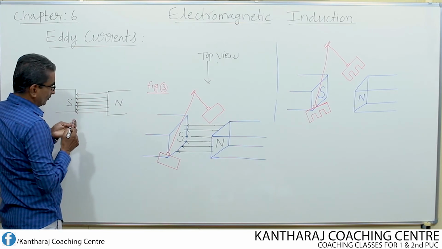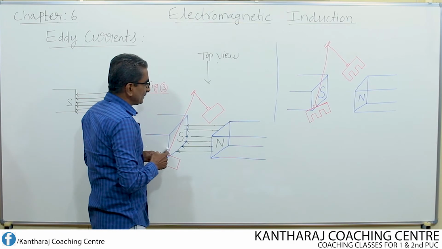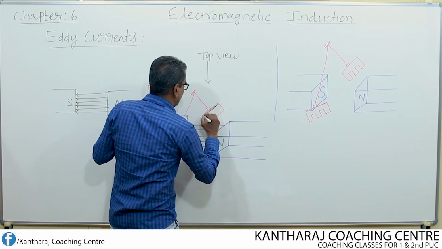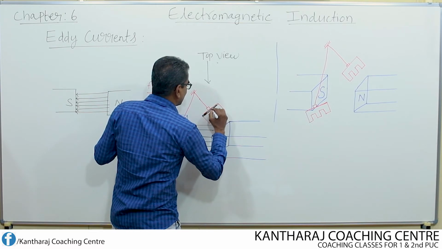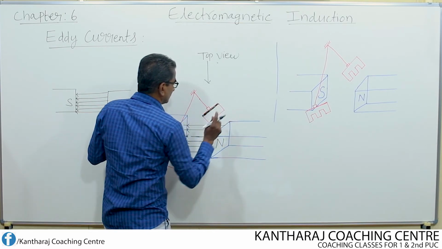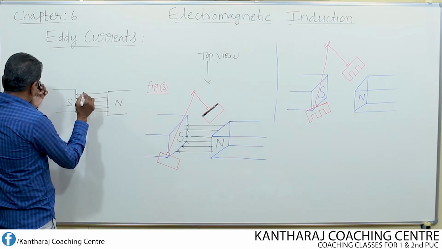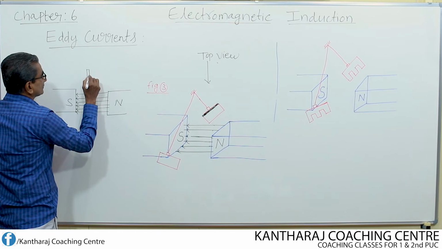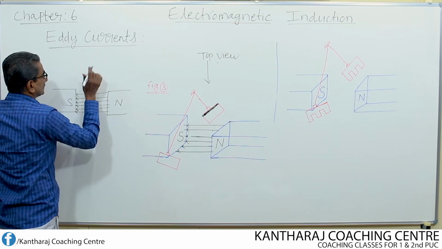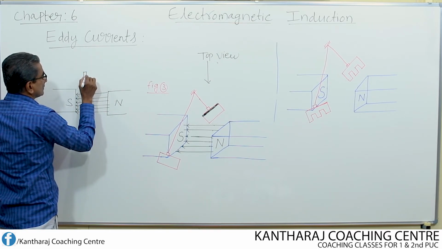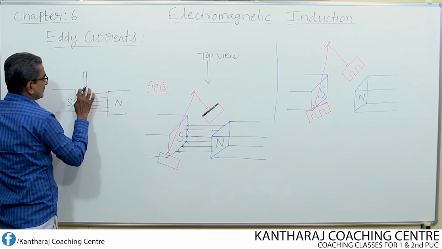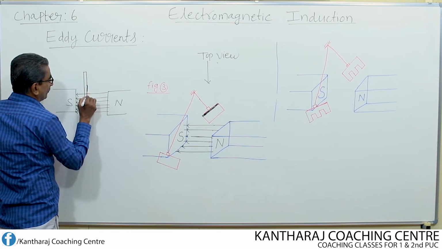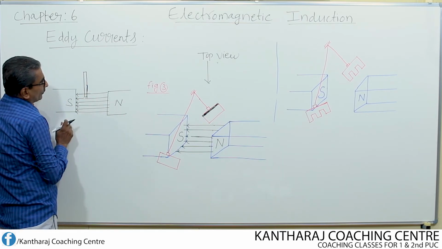Now, for the top portion, I have to consider this. The top portion of the plate I consider to explain. When the plate is entering into the magnetic field, how many lines of force are said to be linking?